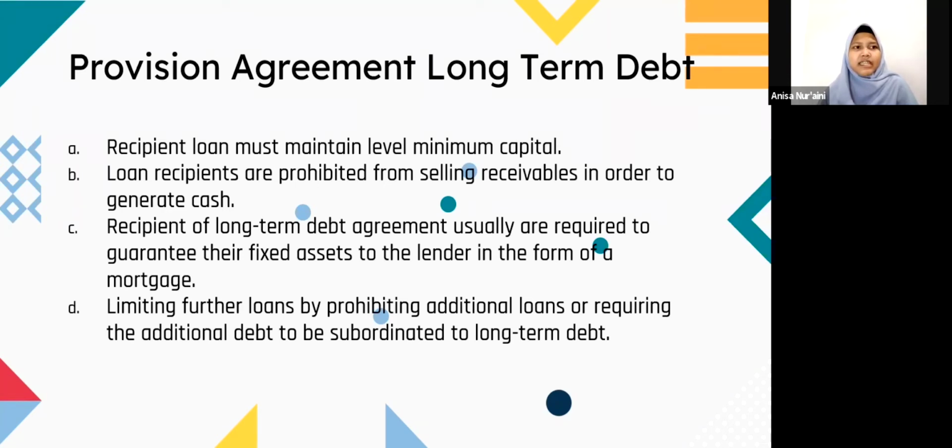Third, recipients of long-term debt agreements are usually required to guarantee their fixed assets to the lender in the form of a mortgage. And the last, limiting further loans by prohibiting additional loans or requiring the additional debt to be subordinated to the long-term debt.